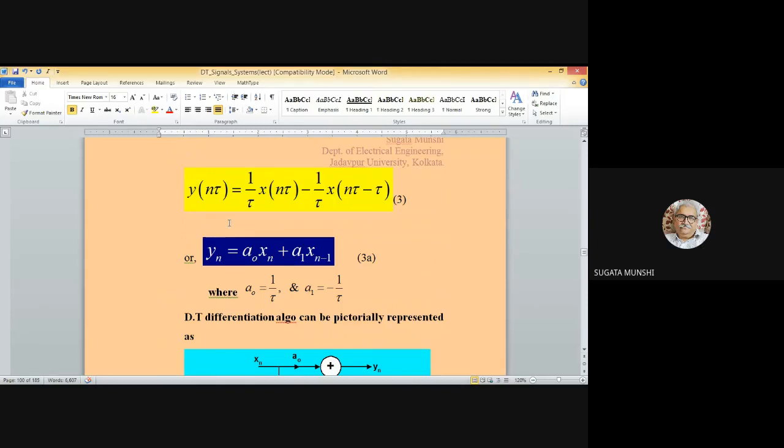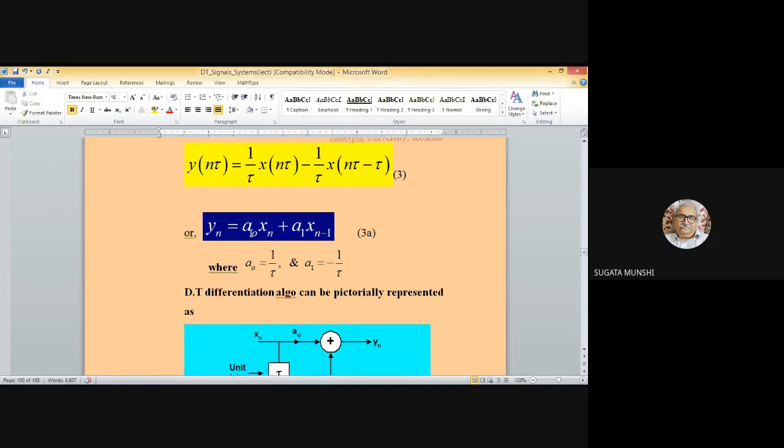That approximate relation between s and z will be useful in filter design or designing any discrete time LTI system, because if you want to use the exact expression, it's comparatively difficult.